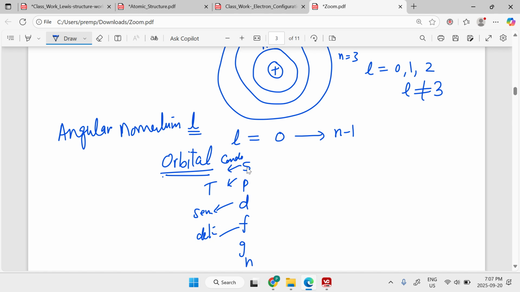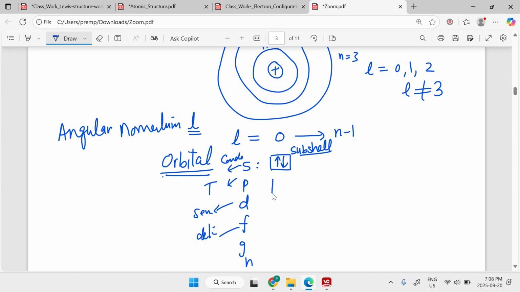Now you know that each house has its own capacity, its own properties. Okay, so basically these orbitals have their own properties. For example, when we talk about the s orbital, it means it can accommodate only 2 electrons, and it has only one room, and we call it a subshell or suborbital.